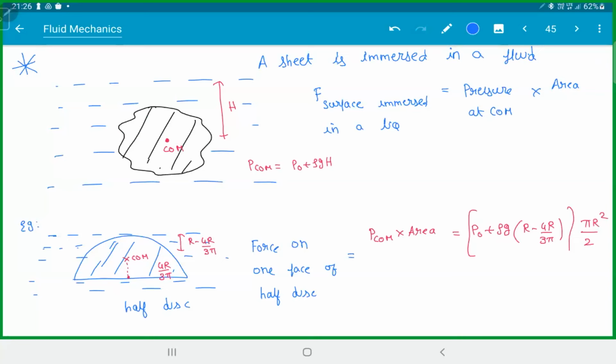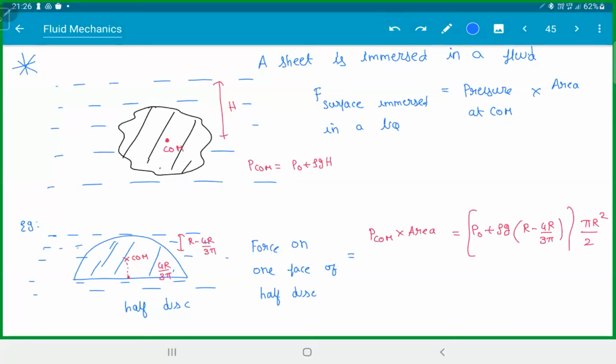Have a look at these examples. So the formula gives the force acting on every surface. You can take any type of surface. That's why I gave you some random surface, but you need to find the center of mass of that random surface. If you know the center of mass of that random surface, the result will work.